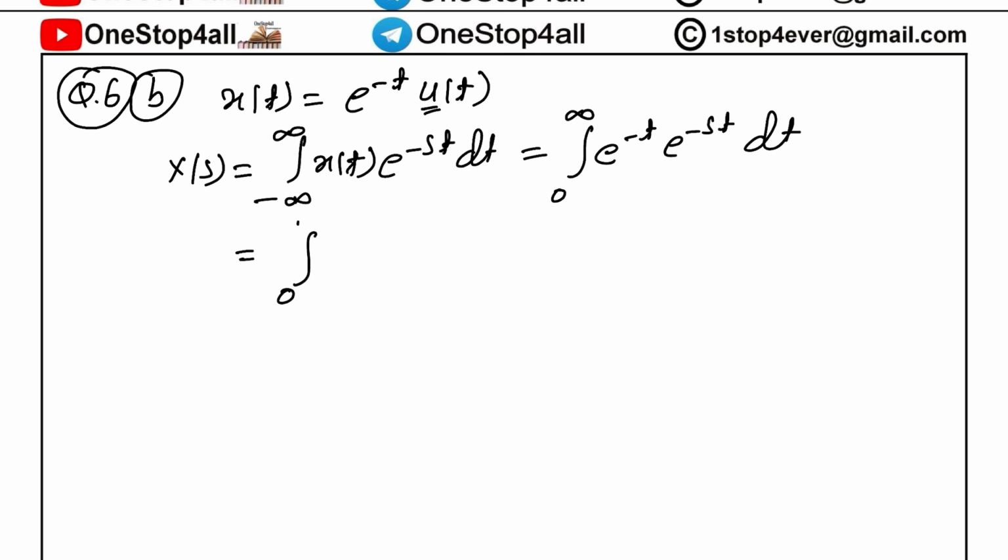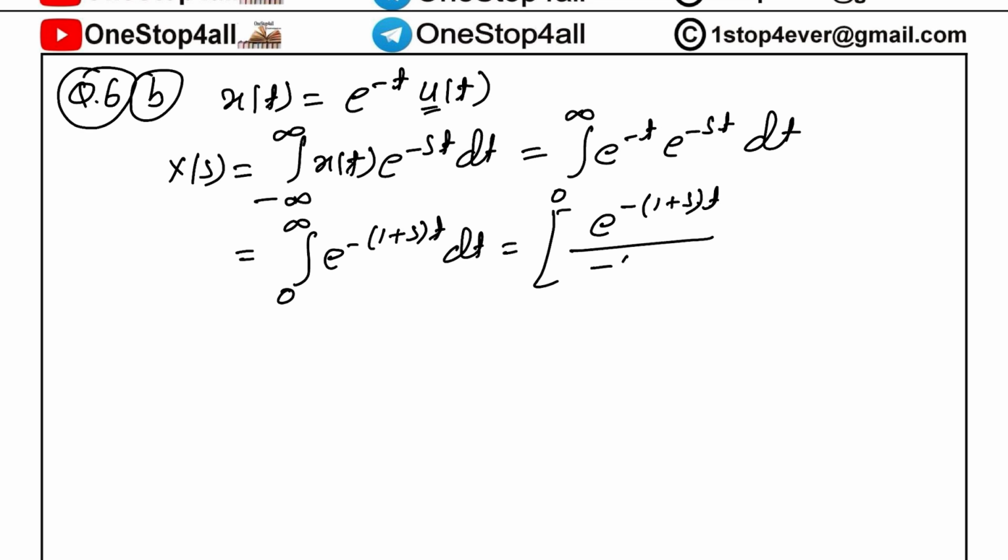Now, the integration again is 0 to infinity e to the power minus (1 plus s) t dt. And this integration will be nothing but e to the power minus (1 plus s) t divided by minus (1 plus s), with limits 0 to infinity.